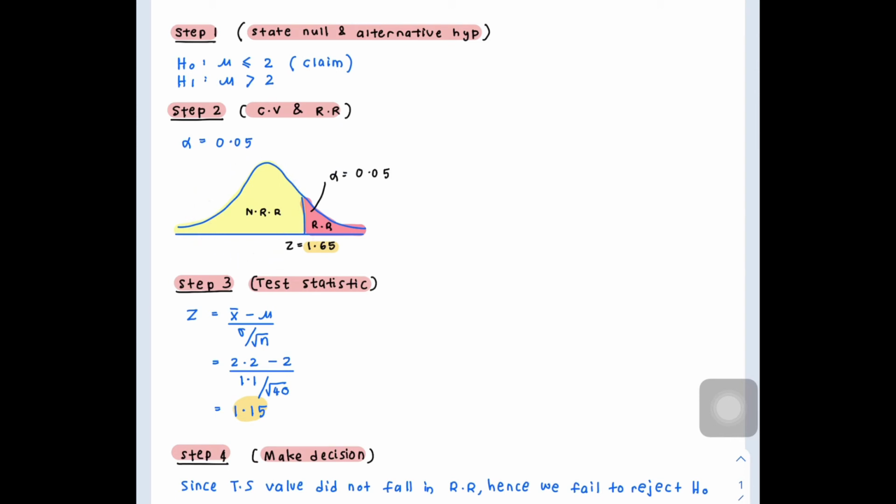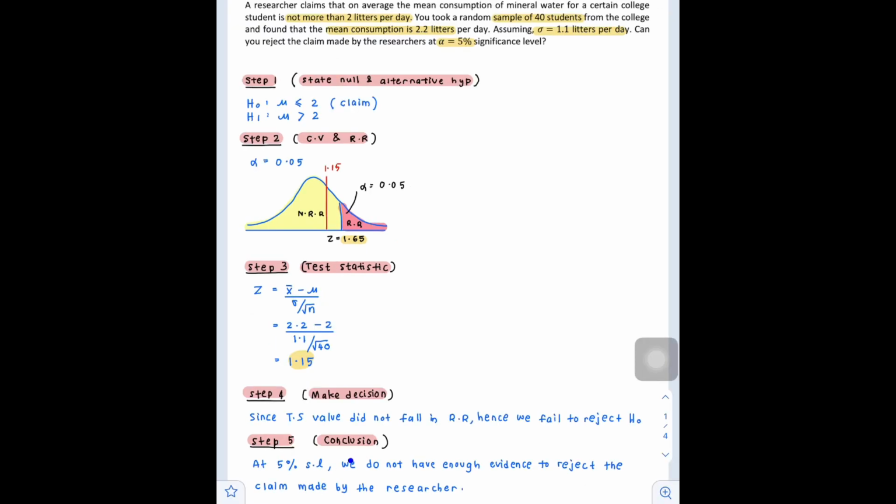So 1.15 falls somewhere here. 1.15 is in your non-rejection region. So if your Z value falls in the non-rejection region, then your decision will be fail to reject the null hypothesis. So how to write it in a full sentence? Since test statistic value did not fall in rejection region, hence we fail to reject H0.